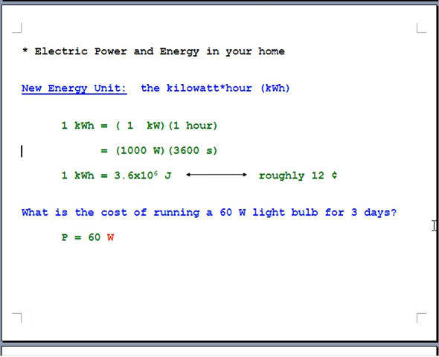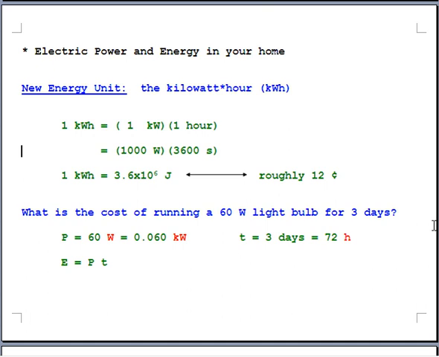Easiest way to do this is to turn your power into watts and your time into hours, figure out how many kilowatt hours you've used, and then multiply by your cost, your 12 cents. So 60 watts divided by 1,000 would be 0.060 kilowatts. 3 days is equal to 72 hours.